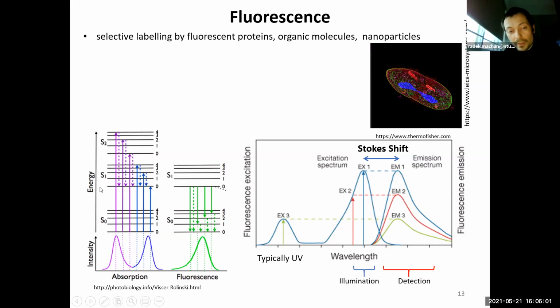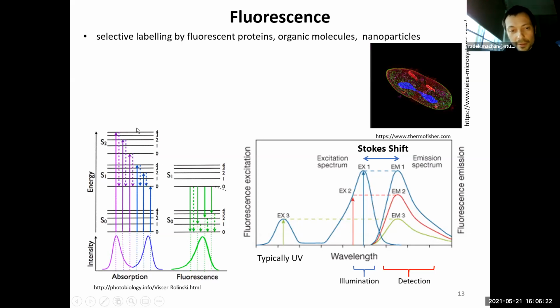So these larger sets of levels labeled here S0, S1, S2 correspond to different structures of electrons in the molecule. The finer structure of energy levels corresponds to vibrations of nuclei.